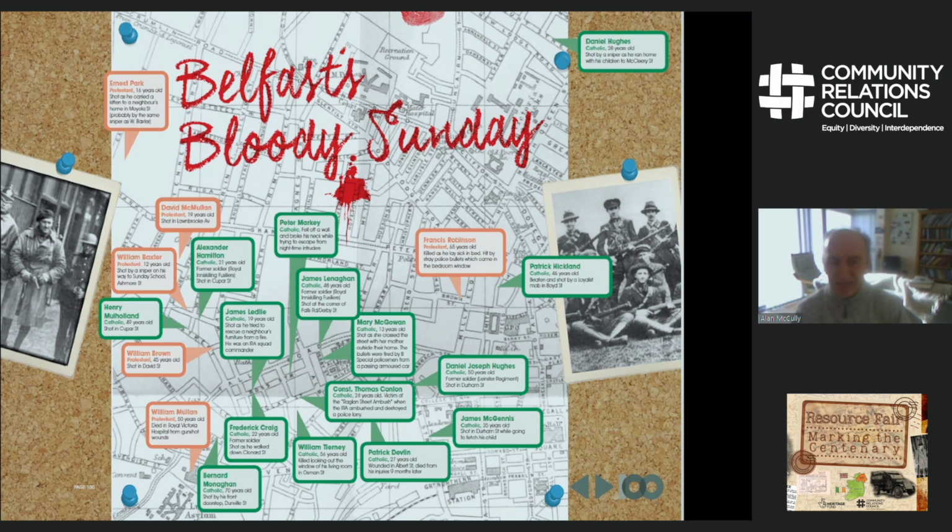The idea is not that people will identify with them one way or the other, but rather that they will recognize that these have been features of our situation for a long time, and that we have to find ways beyond them. Okay, so each of these killings has a human story behind it, and those stories are told.